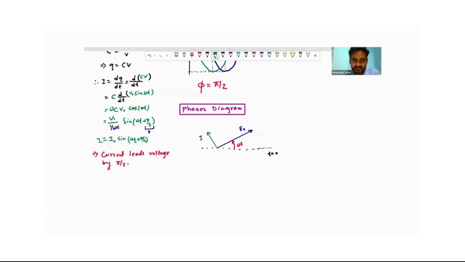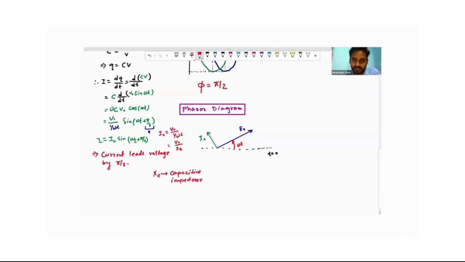So the magnitude is I naught, and here let me write I naught equals V naught by 1 by omega C. Even we write it as V naught by Xc, that is the impedance due to the capacitor. What is Xc? Xc is the capacitive impedance.